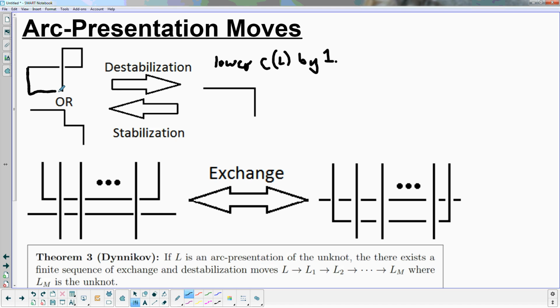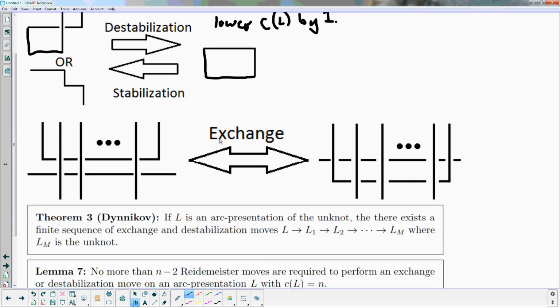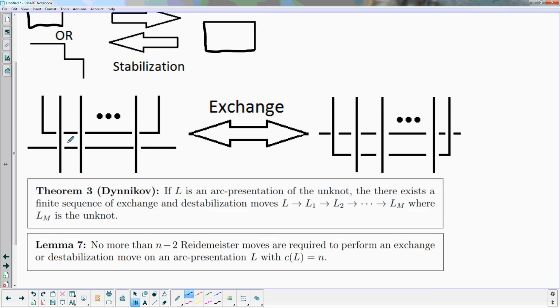We might have something like this, and we're going to destabilize that to give us our unknot that we want. And then the exchange moves, like I said before, take quite a few moves, but it turns out that the exchange move does fall into that category of less than n-2, given n as the complexity.